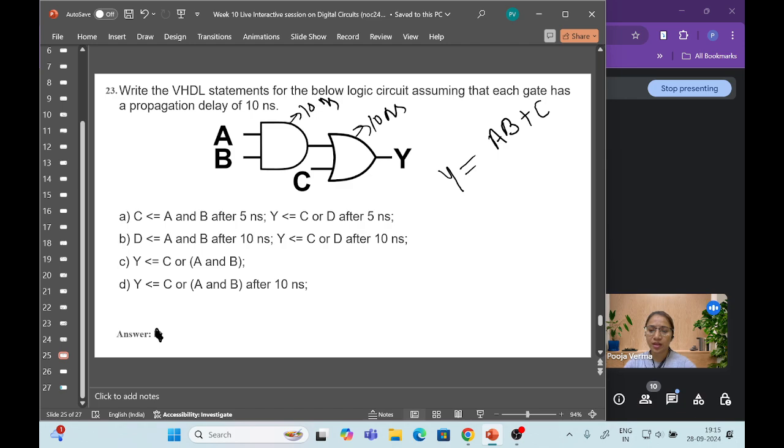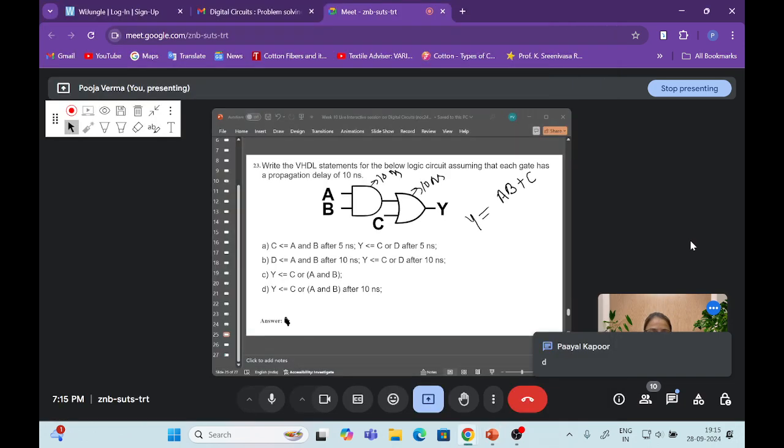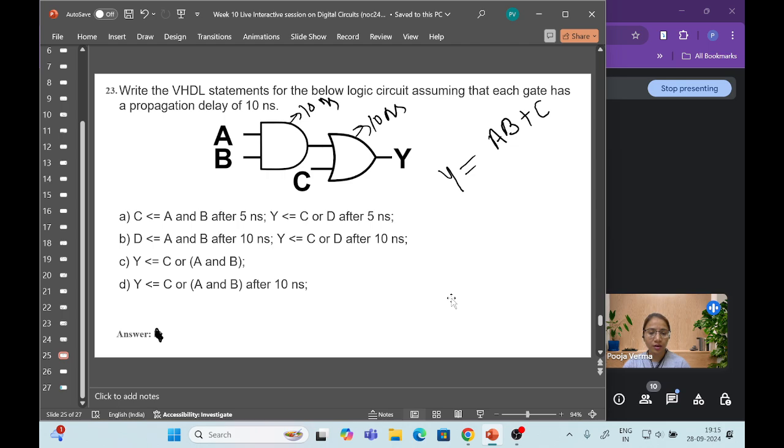Option A is C equal to A and B after 5 nanoseconds, Y is C or D after 5 nanoseconds. Yes, that can be correct, but here both propagation delays are given and we have to include them.